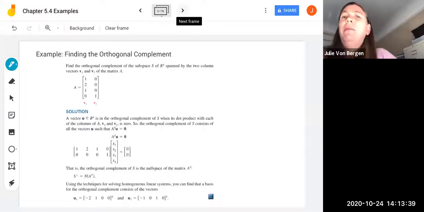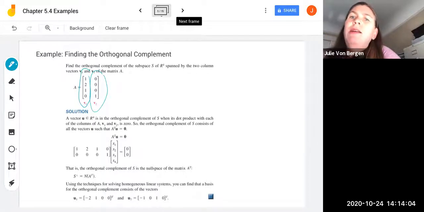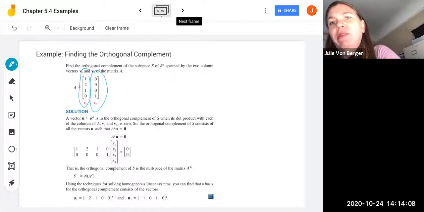So let's look at an example of finding the orthogonal complement. We're going to see how to find the orthogonal complement of the subspace S of R4 that's spanned by these two column vectors v1 and v2 that together form this matrix A. So v1 is (1, 2, 1, 0), and then v2 is (0, 0, 0, 1).